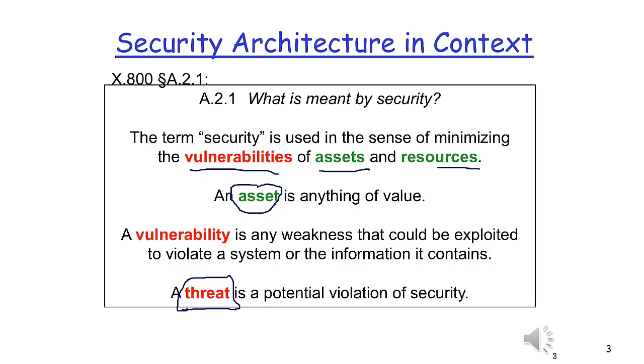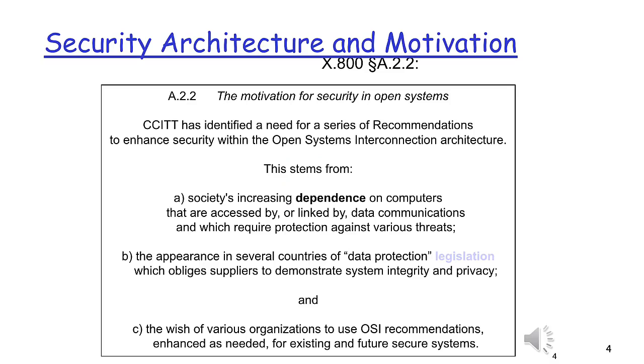So let's look at security, architecture, and motivation. X.800 talks about the motivation for security in open systems. Let's define open systems for a moment. The absolute opposite of an open system is a proprietary or closed system.